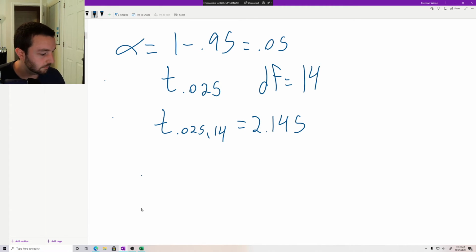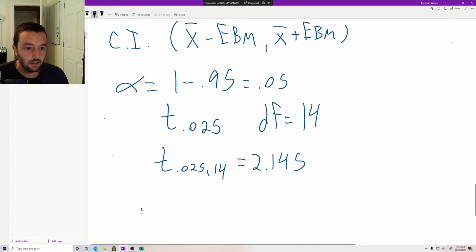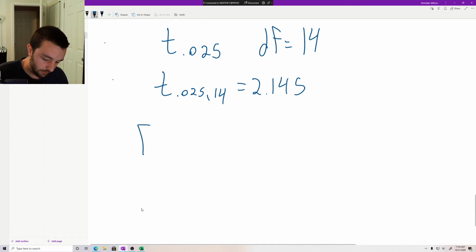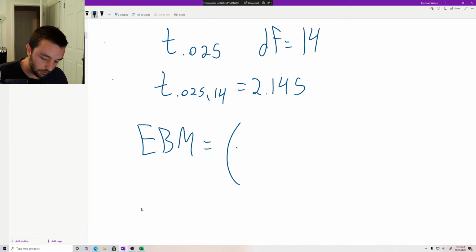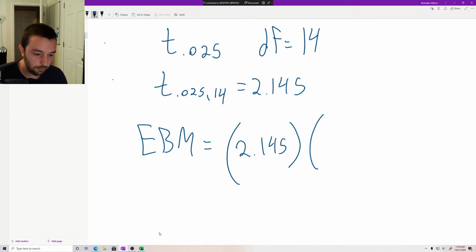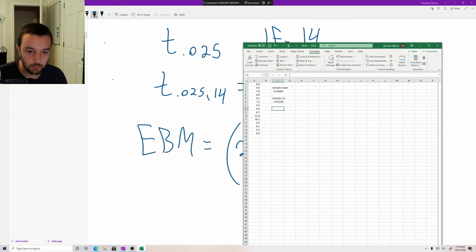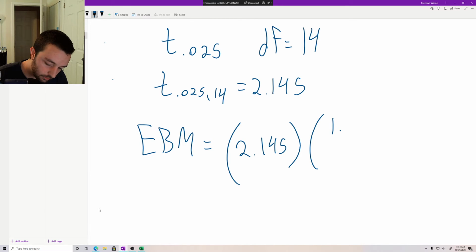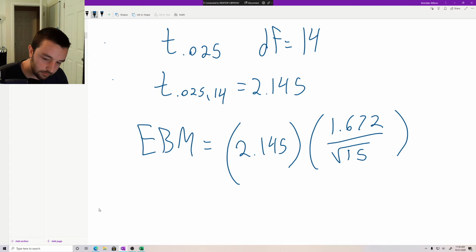So now for our EBM, we need to do 2.145 times the sample standard deviation, which was 1.672, divided by the square root of 15.